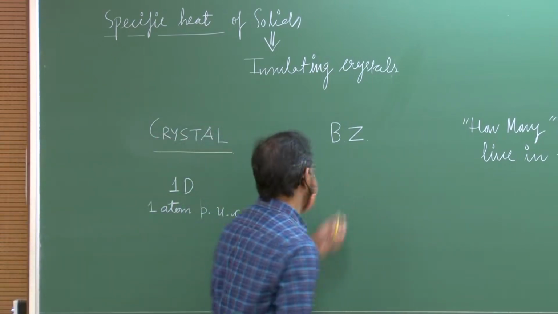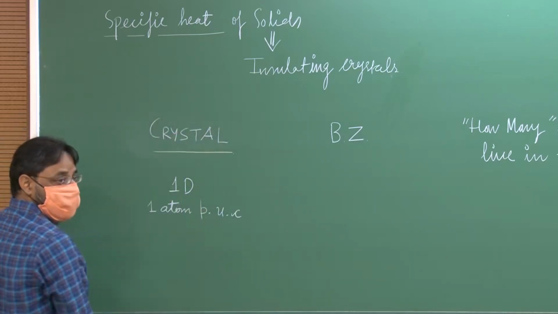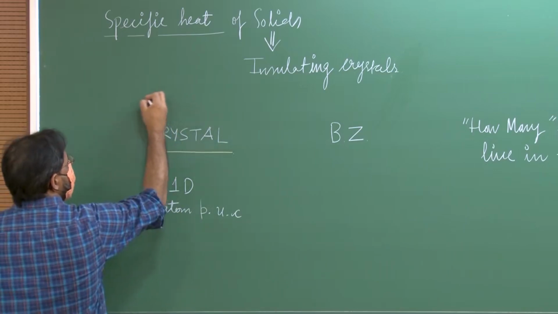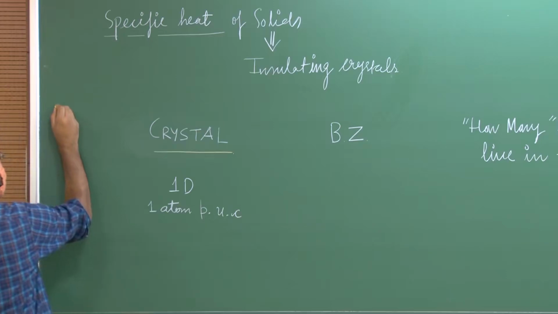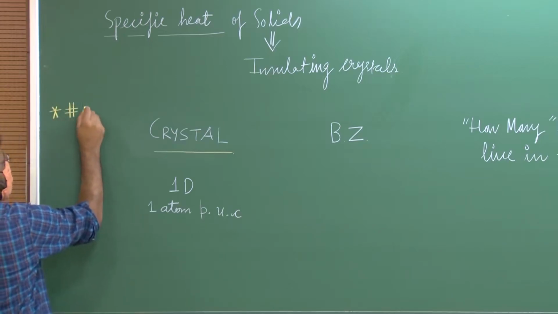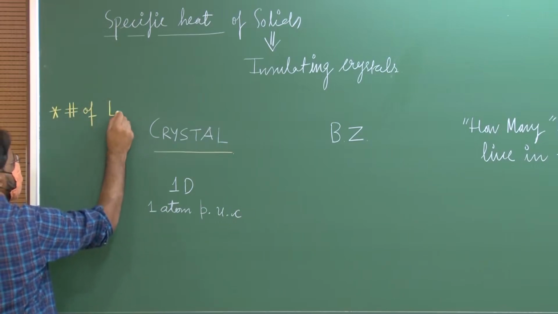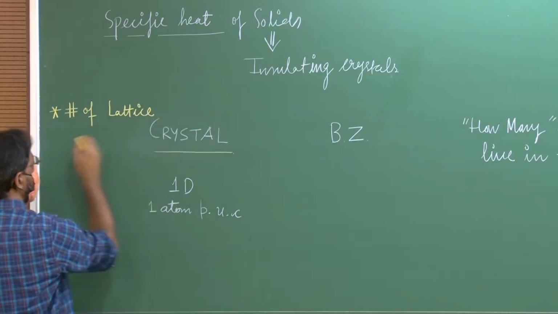Let us say in all these crystals that I am going to note down here, in all cases the number of lattice points is fixed. Let me just make this as a note that in all these cases the number of lattice points is N. So, it is an N point lattice.